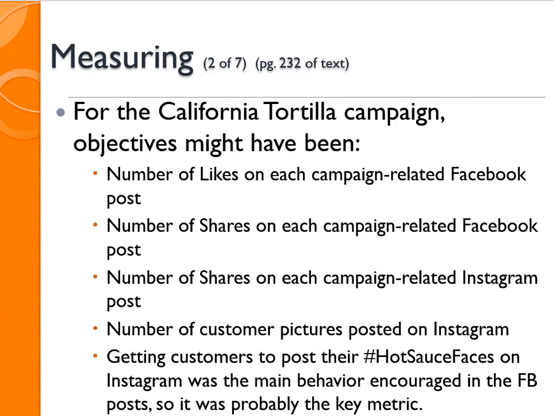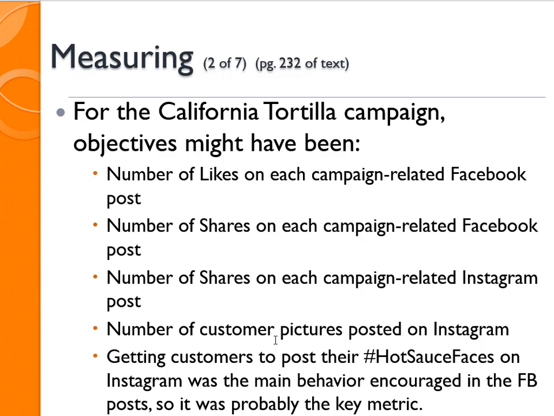Right. So if you think about it, for an example, this California Tortilla campaign, what were they looking at? They were looking at the number of likes of each campaign related Facebook post, the number of shares of each campaign related Instagram posts, shares on Facebook, the number of customer pictures on Instagram.